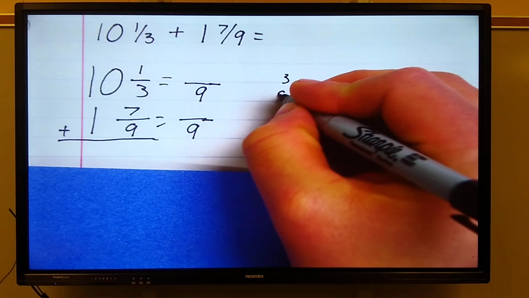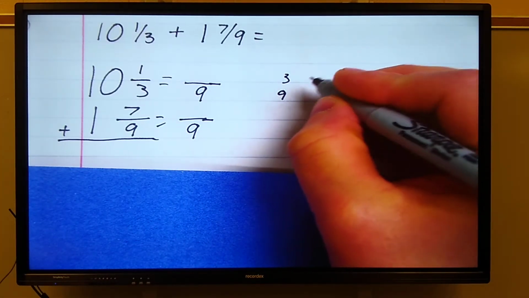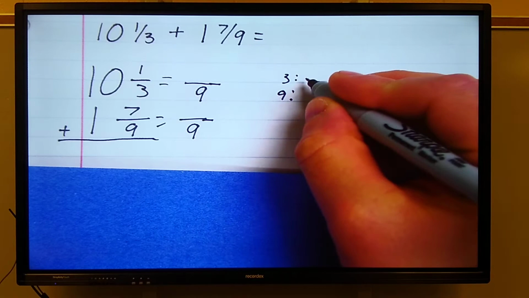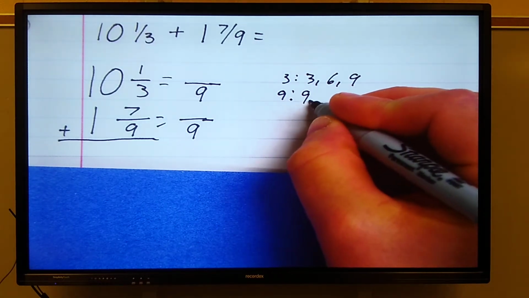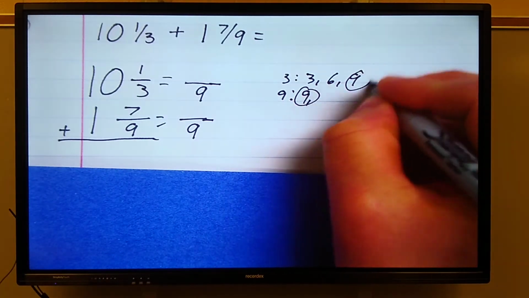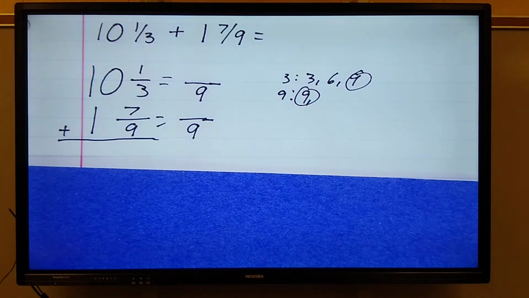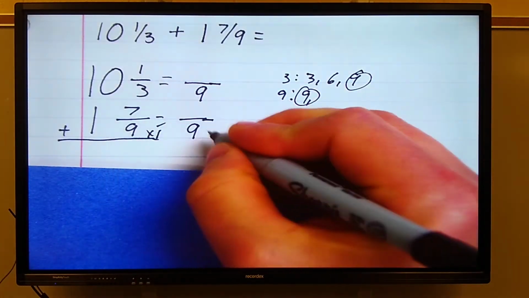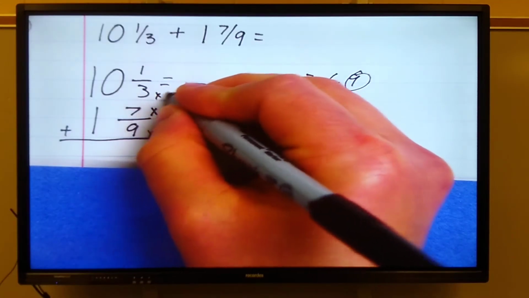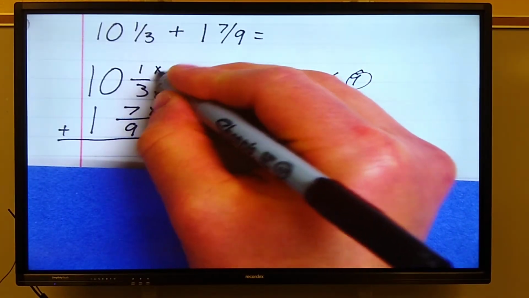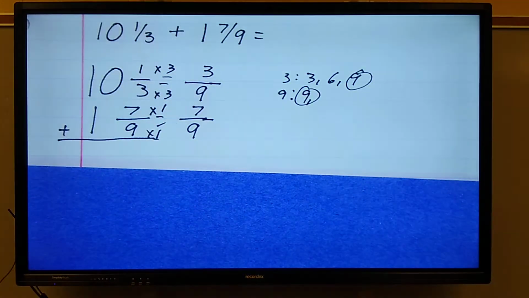You got 3, you got 9, 3, 6, and 9. 9. That's the first one they have that's the same. 9 times 1 is 9. 7 times 1 is 7. 3 times 3 is 9. 1 times 3 is 3.